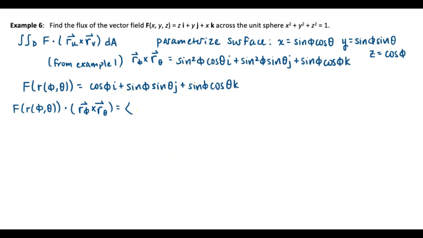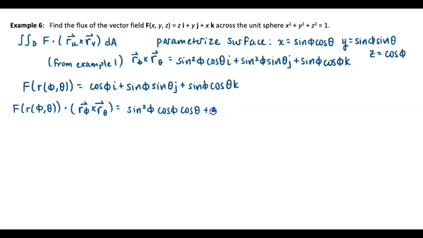I just know that this is going to be a scalar. I know that I'm multiplying each component and adding all of these together. So I've got the sine of phi squared cosine theta times cosine phi. Well, that's going to give me the sine of phi squared cosine phi cosine theta, plus the sine of phi squared sine theta times sine phi sine theta.